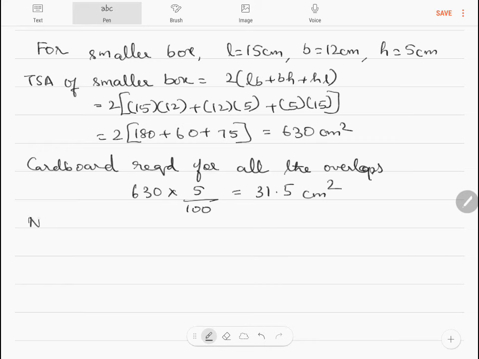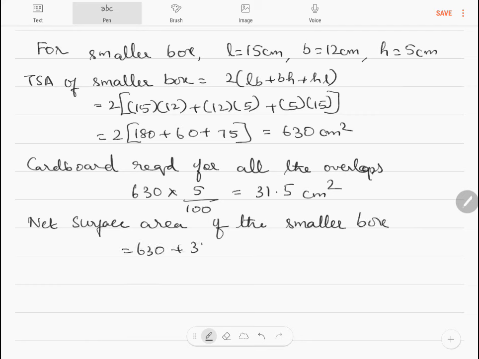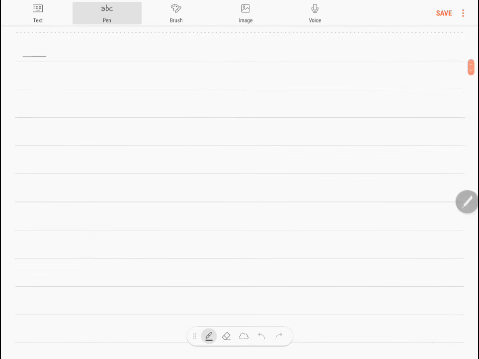Now we have to find the net surface area of the smaller box. We'll be adding these together: 661.5 centimeter square.